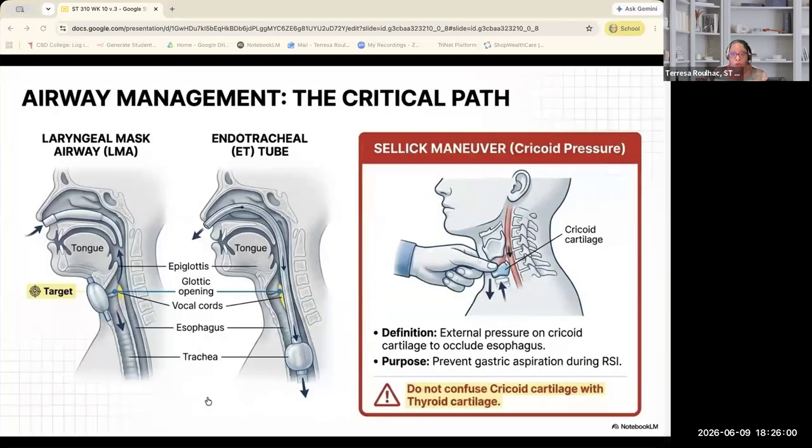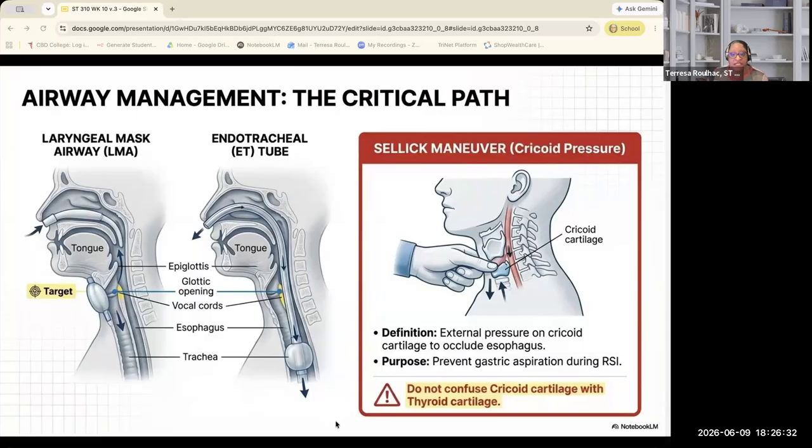Now, one of the most important responsibilities during general anesthesia is maintaining the patient's airway. I want you to think about it this way. If the patient cannot move air, nothing else matters. Full stop. Oxygen has to reach the lungs for the patient to remain safe throughout the procedure. If you look at this particular slide, you'll see two common airways the chapter talks about.